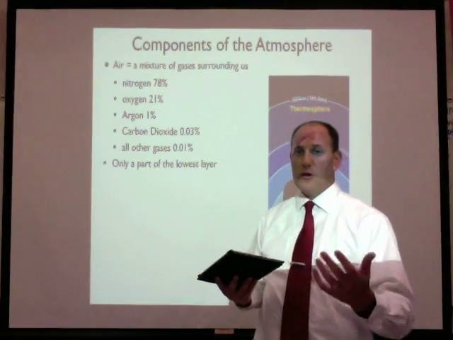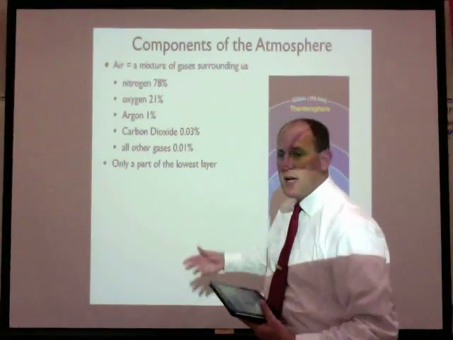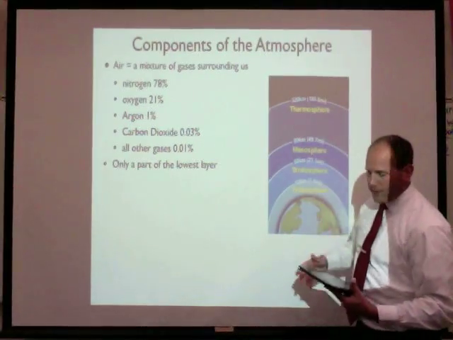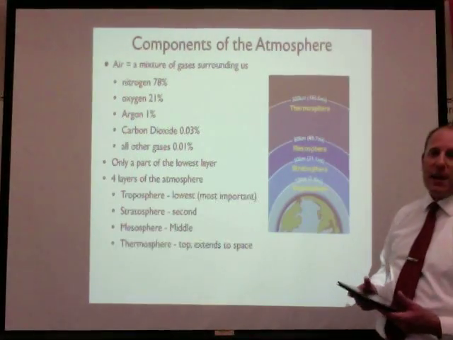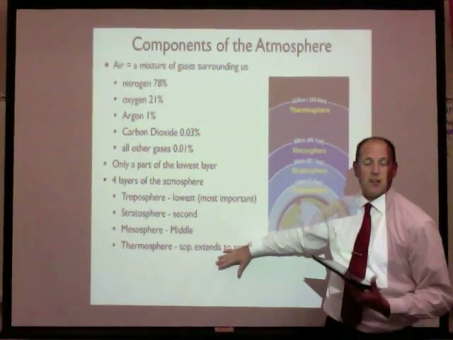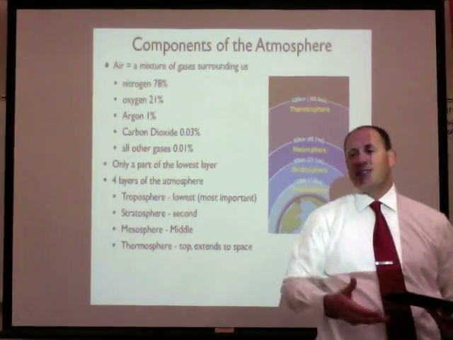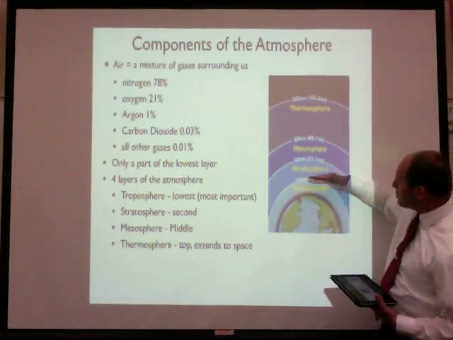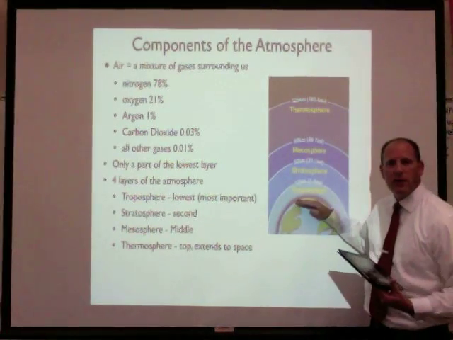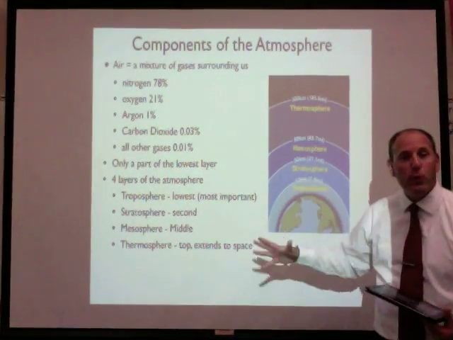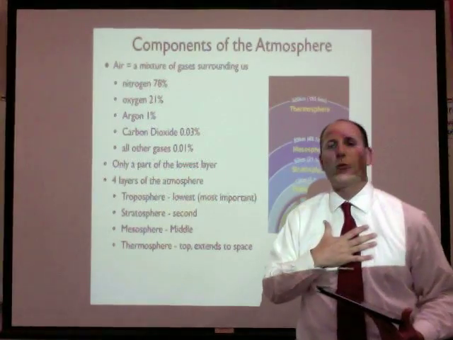Now, in order to understand how we look at these, I put this diagram up here for you so you can take a look at these layers of the atmosphere. It's really important to know these layers of the atmosphere. And you might even go as far as to say it is essential for you to know these. But you should know the troposphere. That's the lowest one. That's the most important one because this is the one that interacts with the ocean and with us.